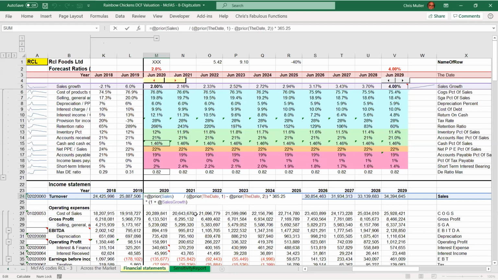That's fantastic. But what happens if our prior sales was not done over 12 months? It was over 9 months, 15 months, because of a year-end change. What are we going to do there?